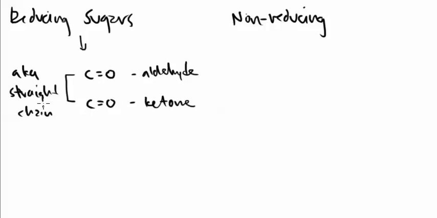Now, we know that the majority of sugars, however, are not open chain. The majority of the sugars are in rings. So, are rings going to be reducing or non-reducing? Well, as long as they are what we call the hemi versions of them, right? We've talked about these carbonyls that come in the form of aldehydes and ketones, and then we said they kind of make hemiacetals, and those are basically the ring structures that they begin to make, and those are okay as well.